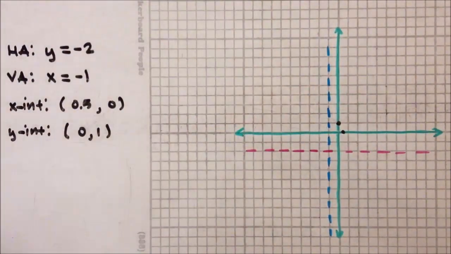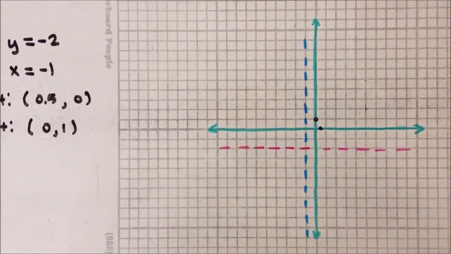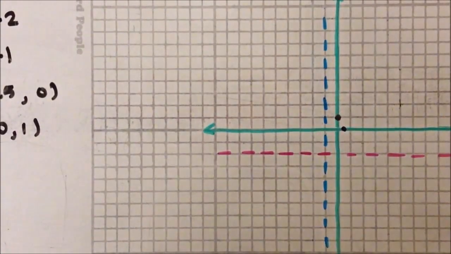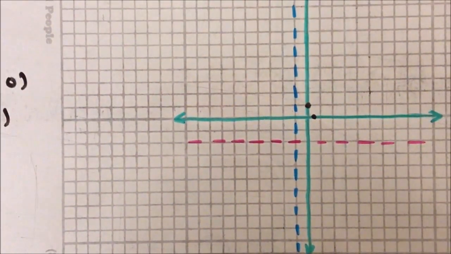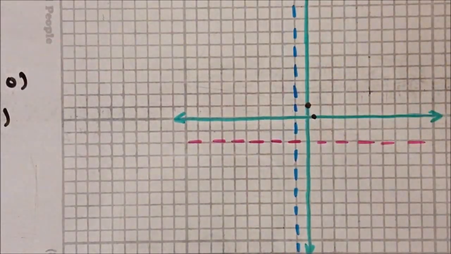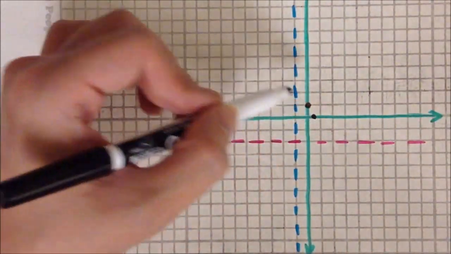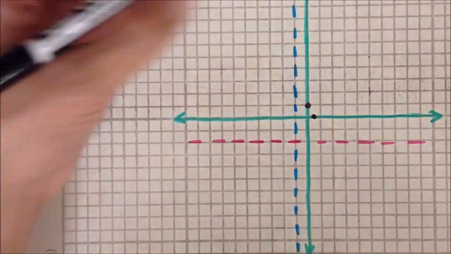So what I'm going to do is start graphing. Since we have our 2 points here, I'm going to zoom in a bit. I'm going to graph along the vertical asymptote and the horizontal asymptote while going through these 2 points, the y-intercept and the x-intercept.